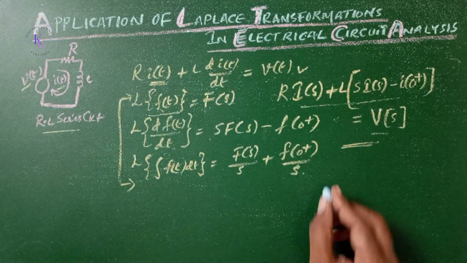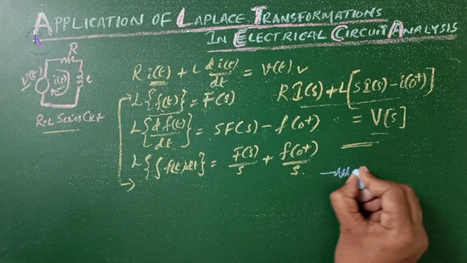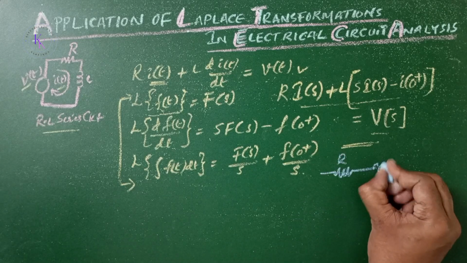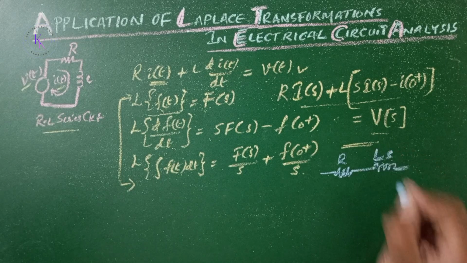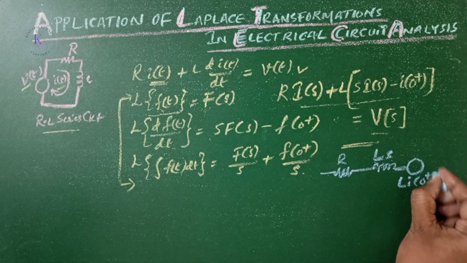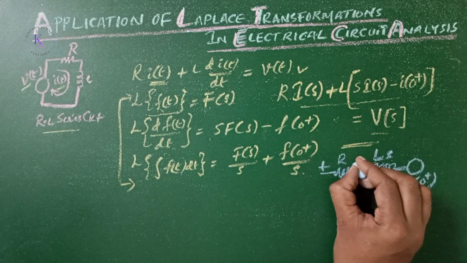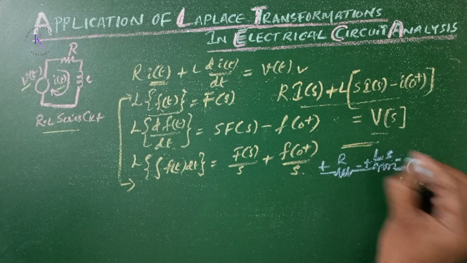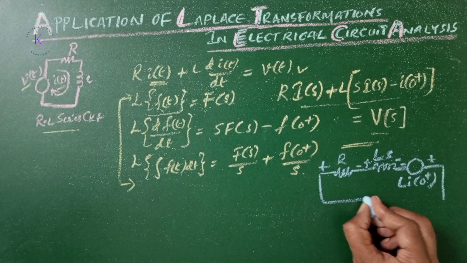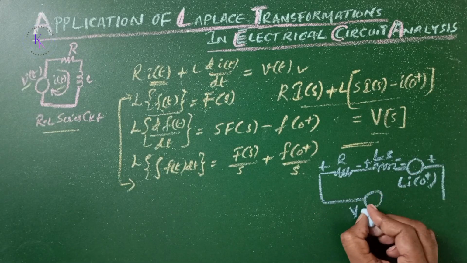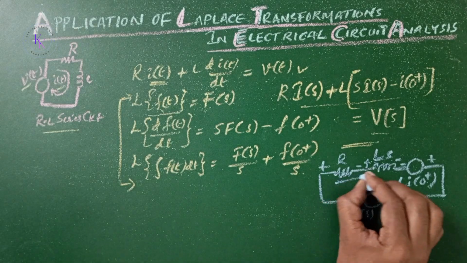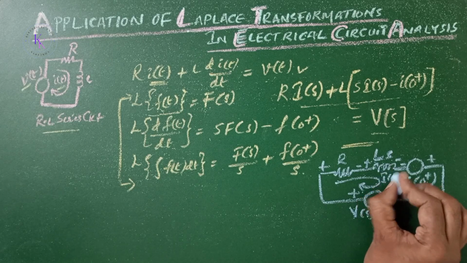For this, if I draw the circuit, this is the resistance R plus an inductor L connected to L i of 0 plus, with polarities plus and minus as marked, and it is connected to a voltage source capital V of s, with plus and minus, and the current flowing through it is capital I of s.